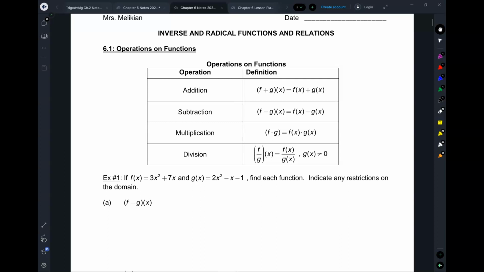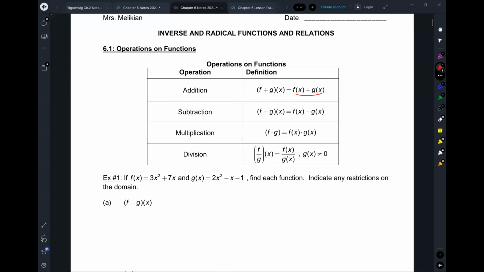Okay, so we've known for a while now that we can take two different functions and add them, right? So that's what we're going to talk about today, but we're also going to talk a little bit about notation. If I have two functions, f of x and g of x, that's one way in the red that I can say, let's add the two functions: take f of x, g of x, and add them.